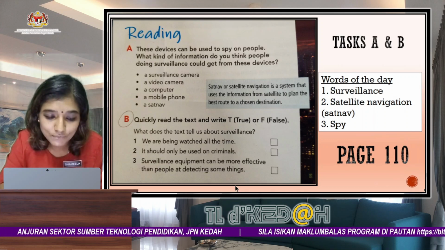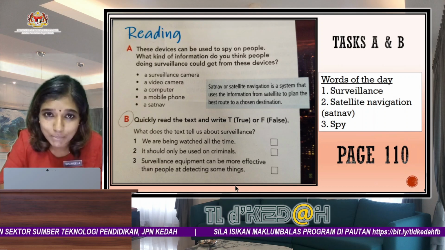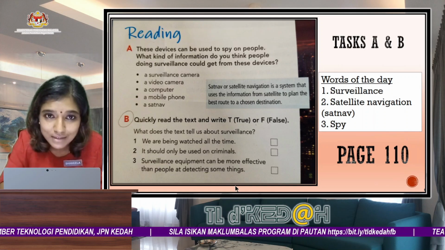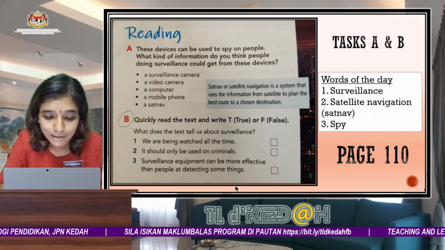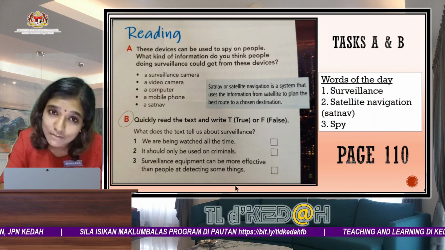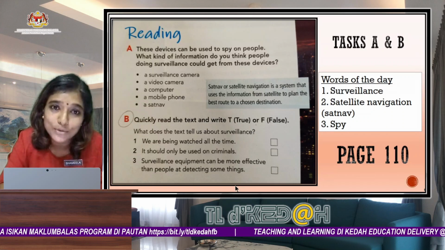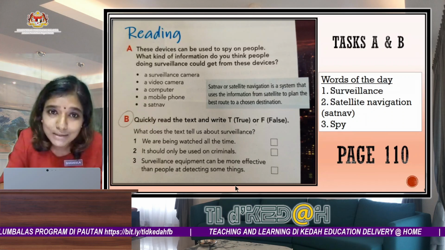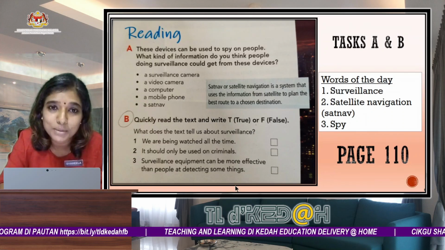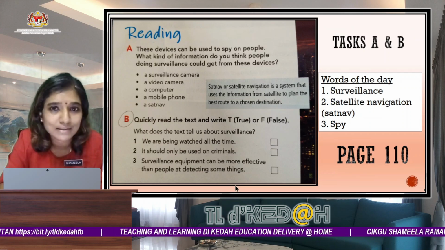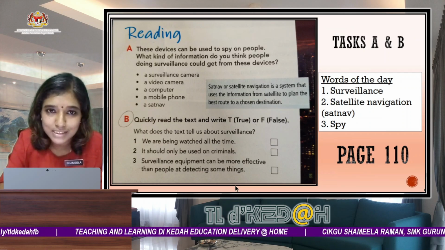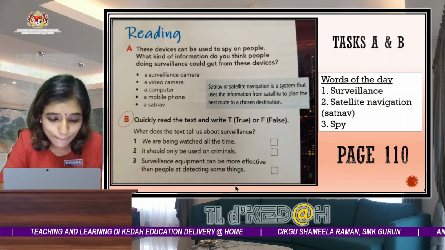Surveillance camera and video camera, definitely you can get images, a record of things happening, okay? And then a computer, a mobile phone, basically you're online, they can find out what you're doing, where you are doing it from, your information, your details, everything, okay? They can just simply take out the system, okay?